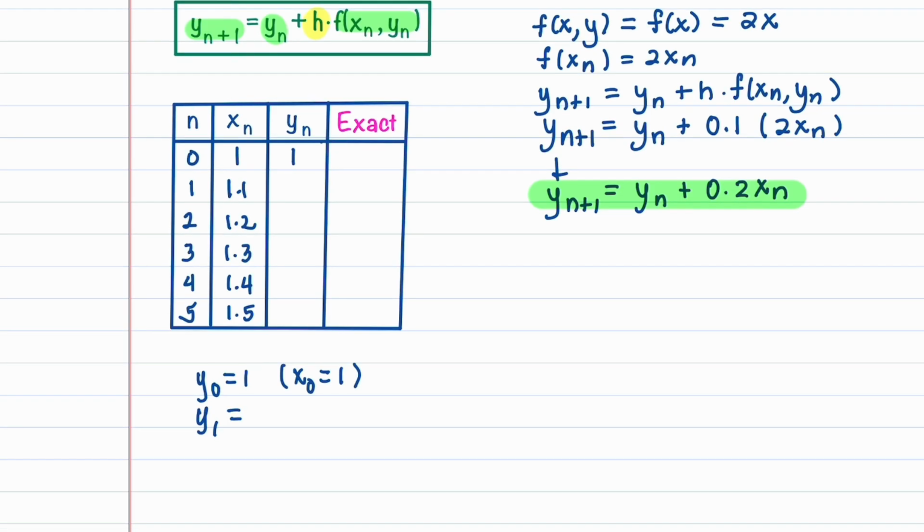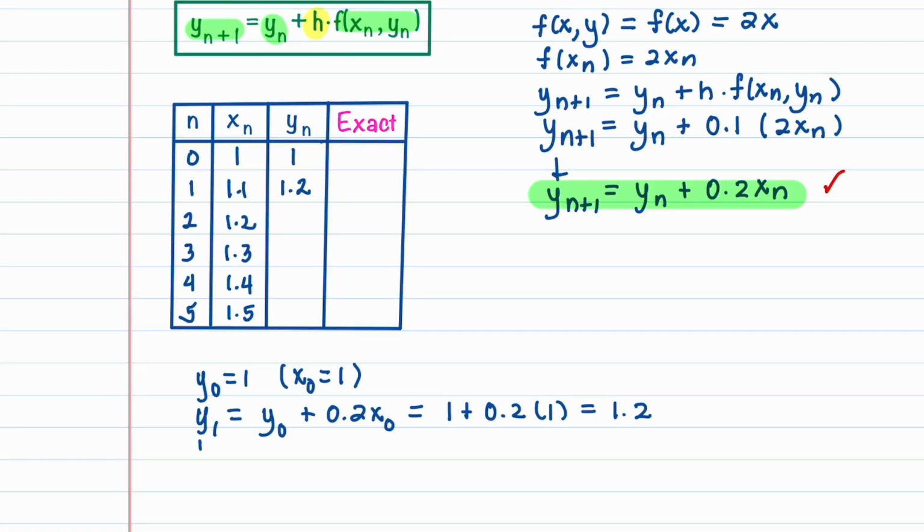y1, looking over here up at the right at our formula, is going to be y0 plus 0.2 times x0. So this is 1 plus 0.2 times 1, and this gives us a value of 1.2. Let's go back up to our table and let's put that in. y1 is equal to 1.2.